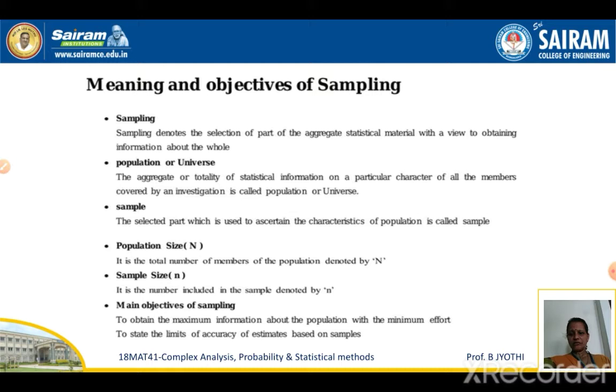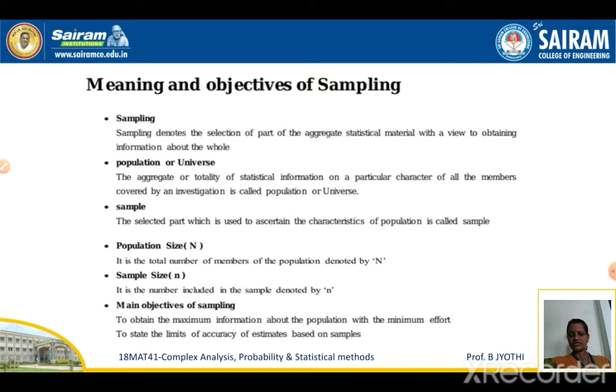Next is a sample. The selected part which is used to ascertain the characteristics of the population is called a sample. Next comes the population size. It is the total number of members of the population and is denoted by capital N. Sample size is the number included in the sample and is denoted by small n.